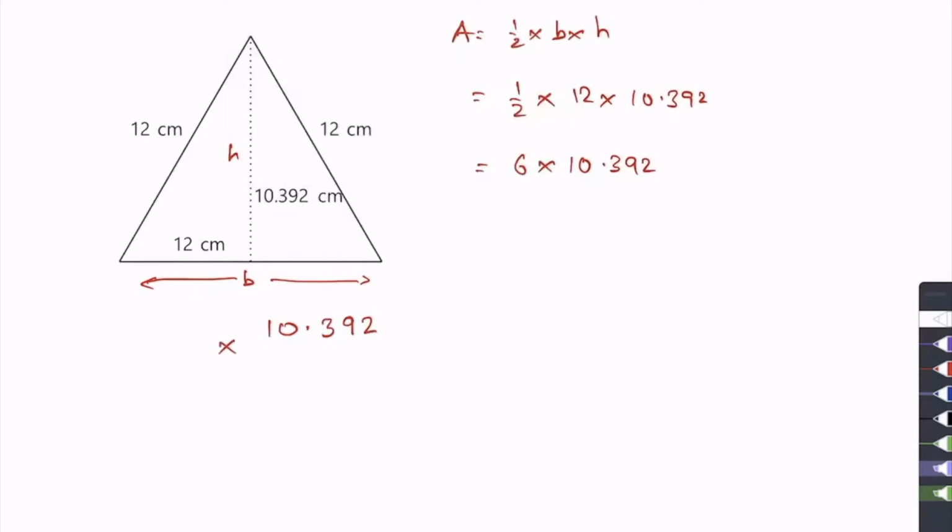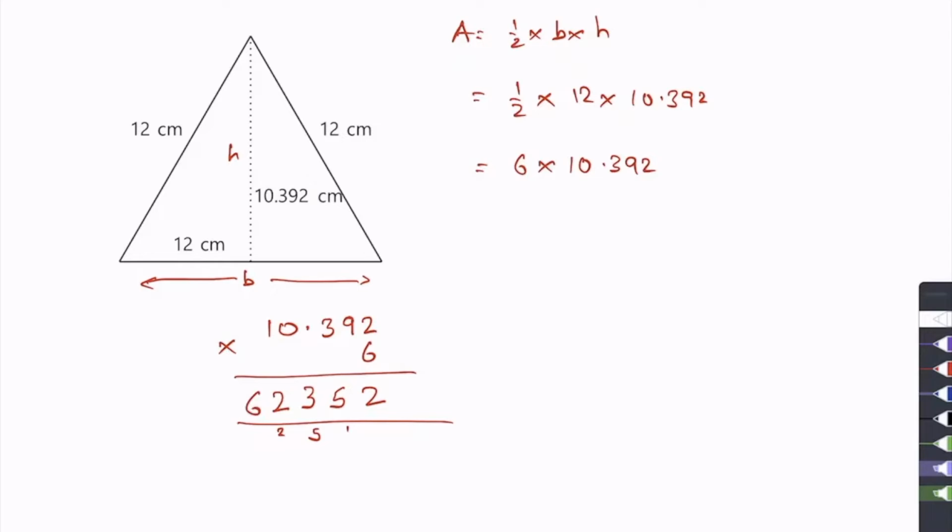So we have 10.392 multiplied by 6. 6 times 2 is 12, carry the 1. 6 nines are 54, add the 1, it's 55. 6 threes are 18, add the 5, gives me 23, carry the 2. 6 zeros are 0, add my carryover, which is the 2. And 6 ones are 6.